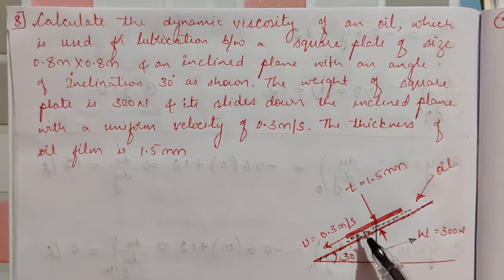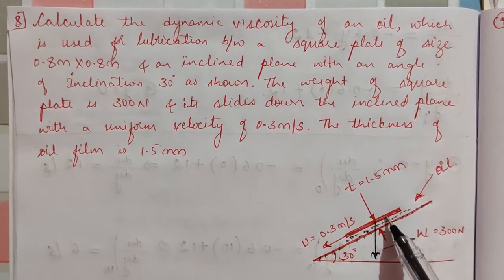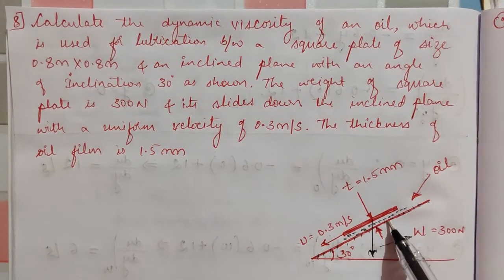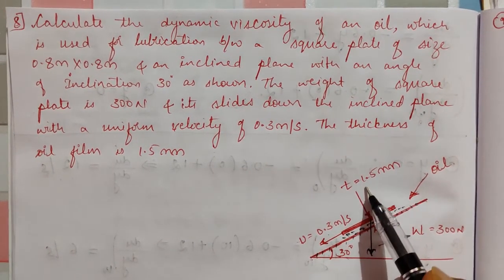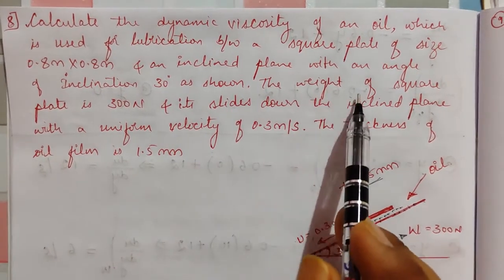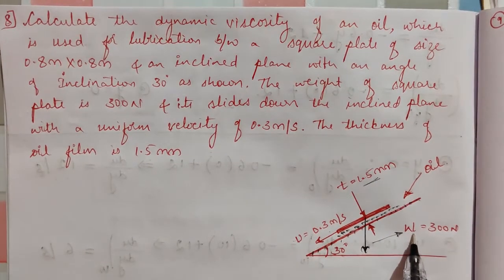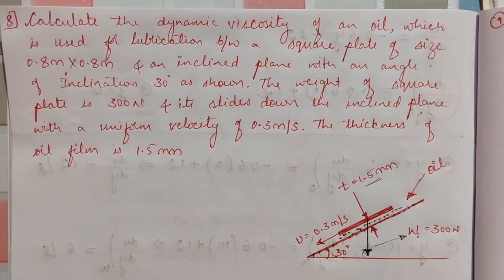So the square plate they are talking about, so this is the square plate. Between the square plate and the surface there is an oil film and the thickness is 1.5 mm. And the weight of the square plate is 300 Newton. So weight is always acting towards gravity.